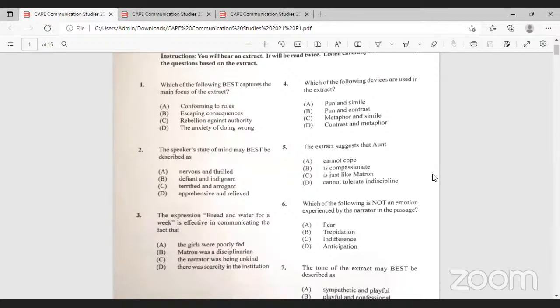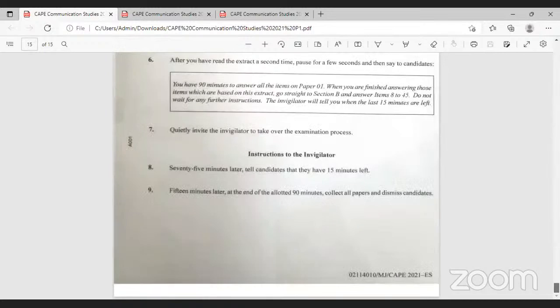Yeah, metaphor is definitely there. Was there a simile there? Based on what you guys can recall? Let's look back. I'm sure metaphors were definitely there. It's just to see if a simile is there or a contrast.